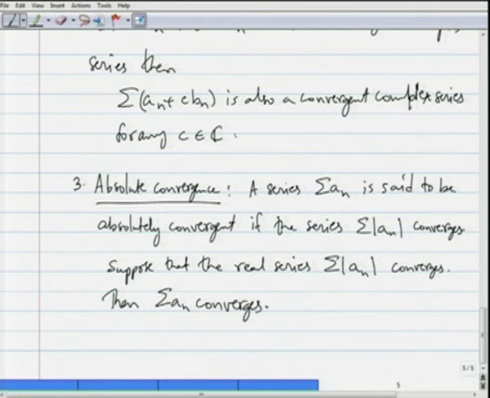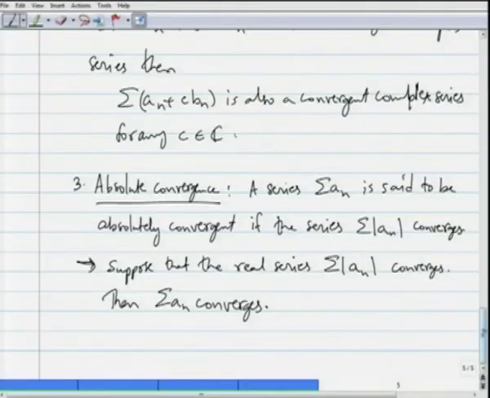Okay. So, this property can be proved using the triangle inequality on the partial sums, and notice that this is also summed up sometimes as: if a series is absolutely convergent, then it is convergent. Okay. So, absolute convergence means the convergence of the absolute values series, or the modulus series in the case of complex numbers. All right.